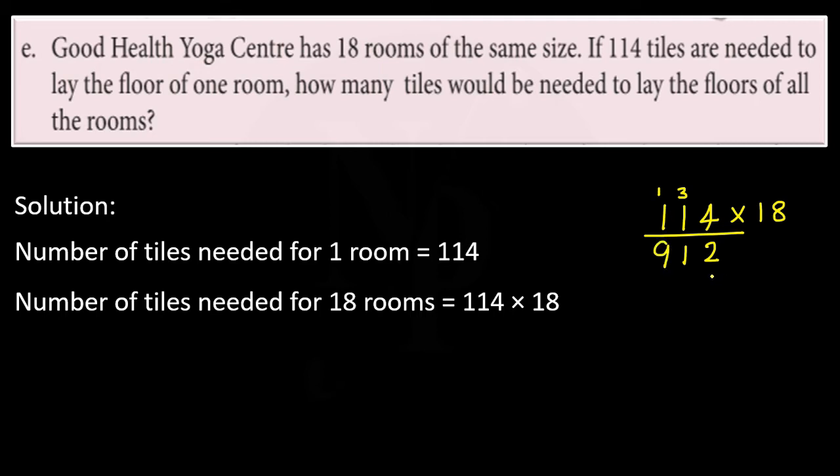So then we put 0 in the second line here, and we multiply 114 by 1. 1 4 is 4. 1 1 is 1. 1 1 is 1 here. Now let us add these two products. 2 plus 0 is 2. 1 plus 4 is 5. 9 plus 1 is 10. 1 is carried forward. 1 plus 1 is 2. 2052.